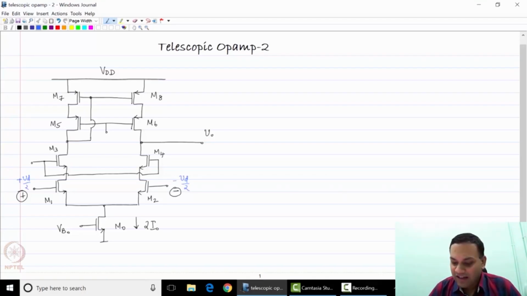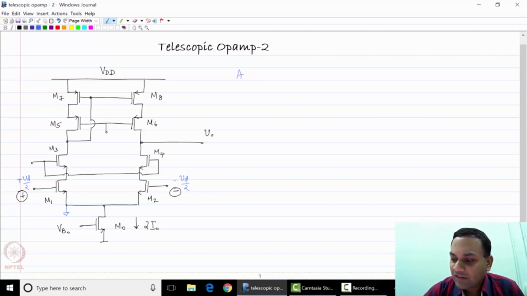Now, as always, I am going to assume that this common source node of M1 and M2 of the input pair is a small signal ground. This is of course valid because the devices on both sides are highly identical, and the current through the transistors M1 and M2 is symmetrical. Therefore, the bias current splits equally between the two paths.